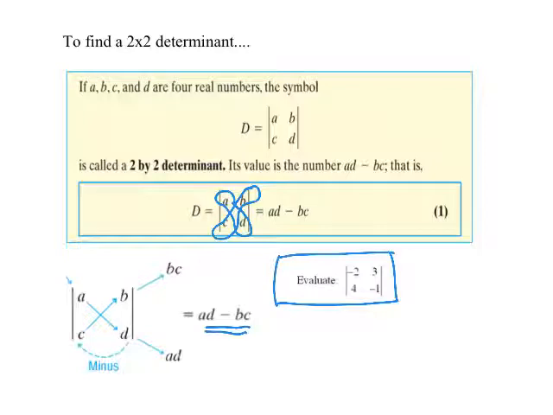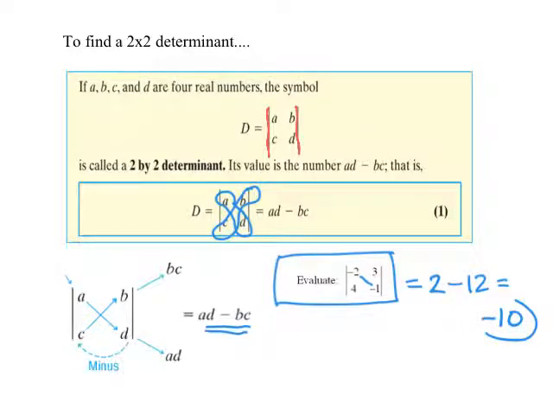All right, let's look at your answer. Our down diagonal product is 2 minus the up diagonal, which is 12, and we end up with -10. One other important note I must make right now is to take a look at the symbol. Here, they're just using straight lines without the little brackets. That symbol means determinant.